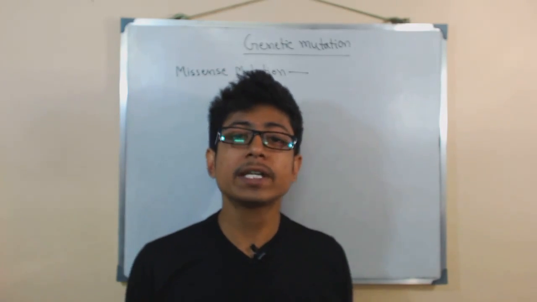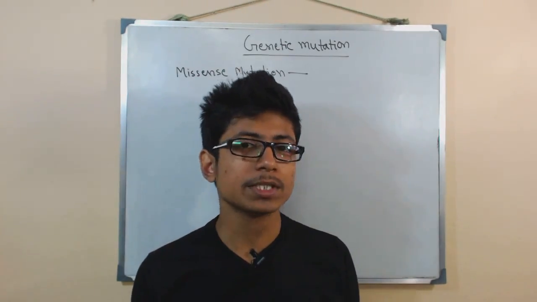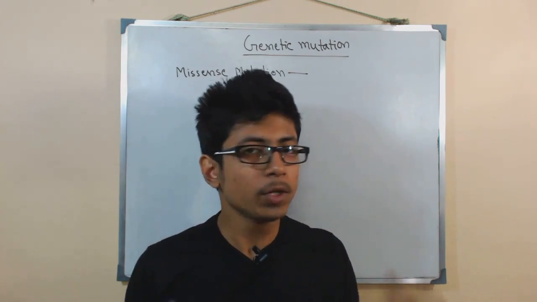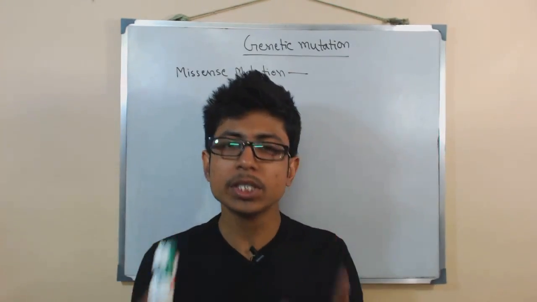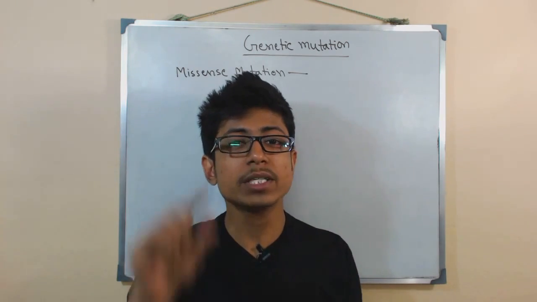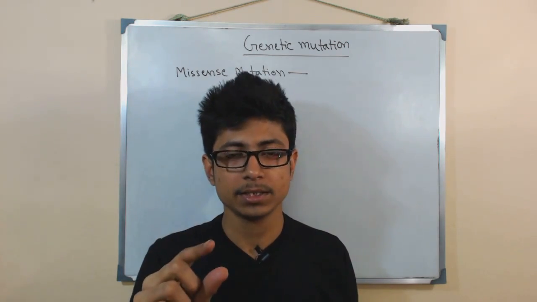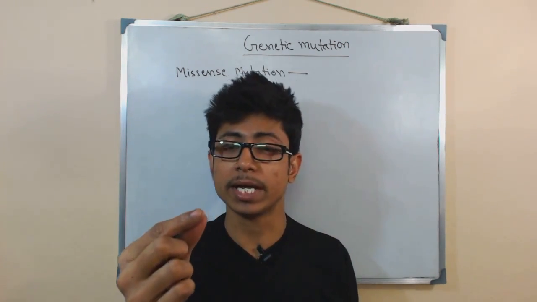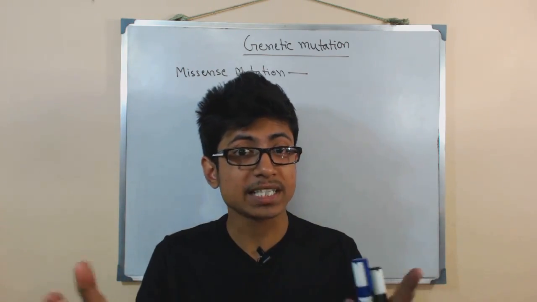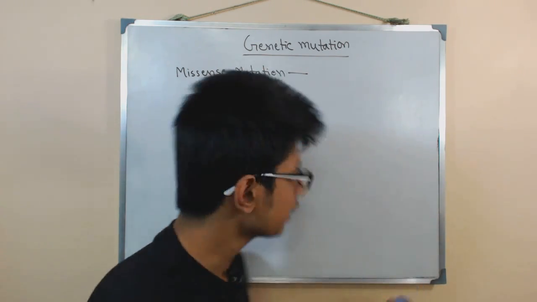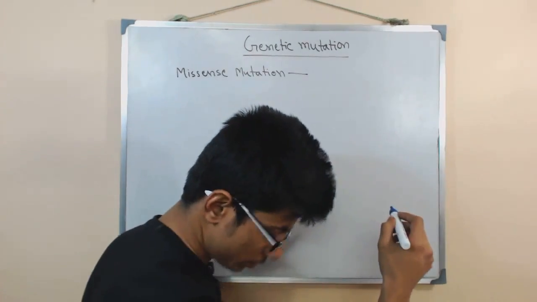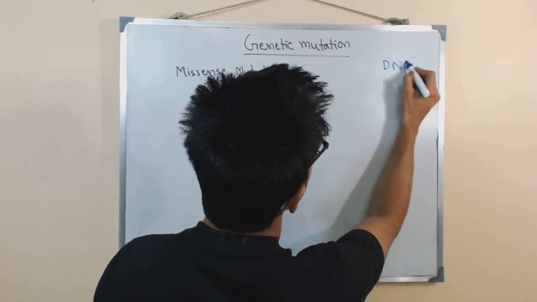So let's talk about different types of point mutations that we see in our body. Point mutation means a mutation in DNA, actually in one particular nucleotide. The change in one particular nucleotide will change the protein expression, because remember we have the central dogma.